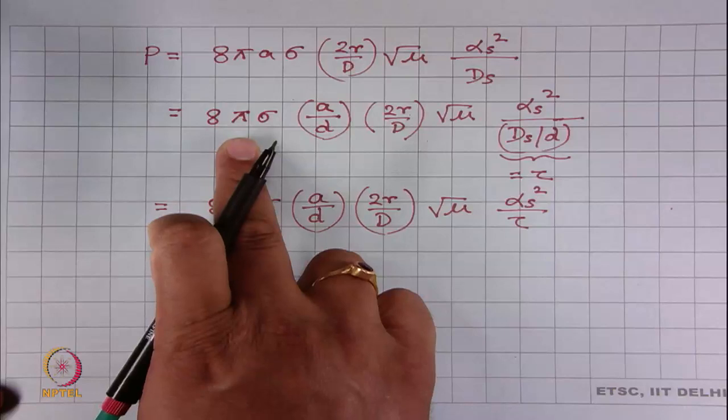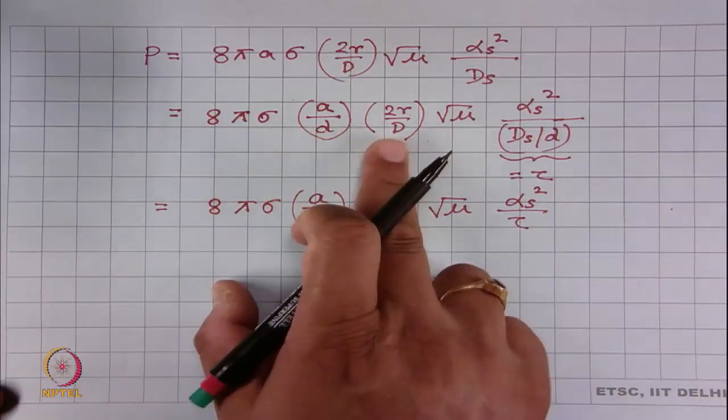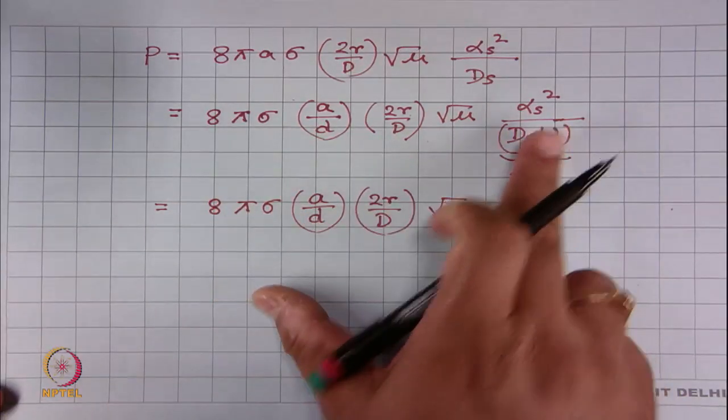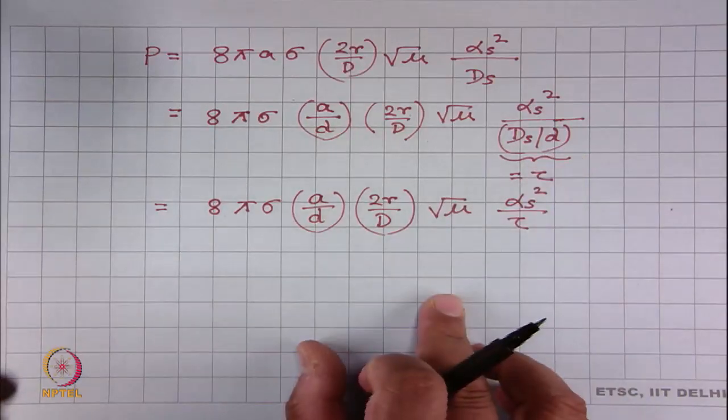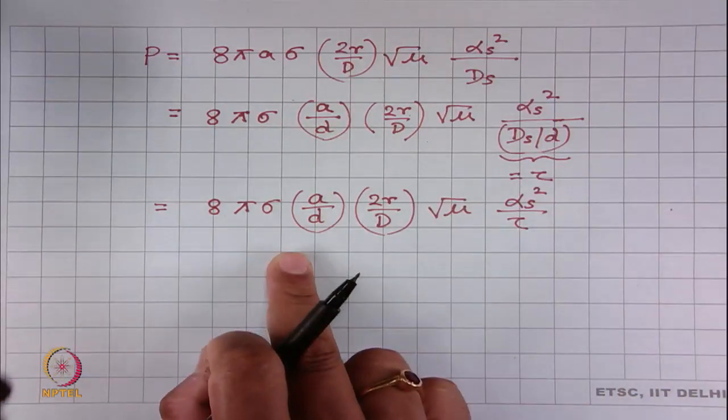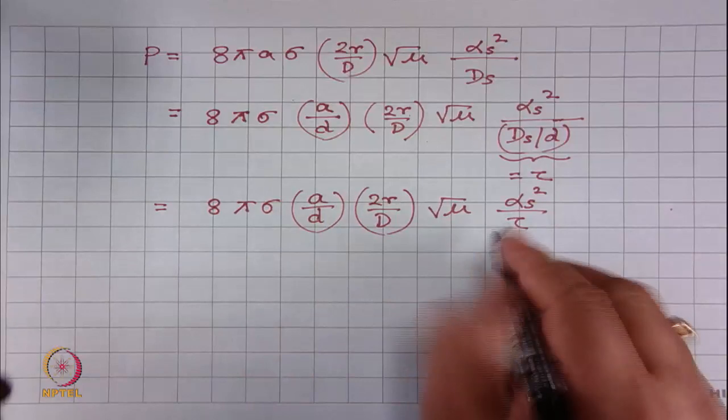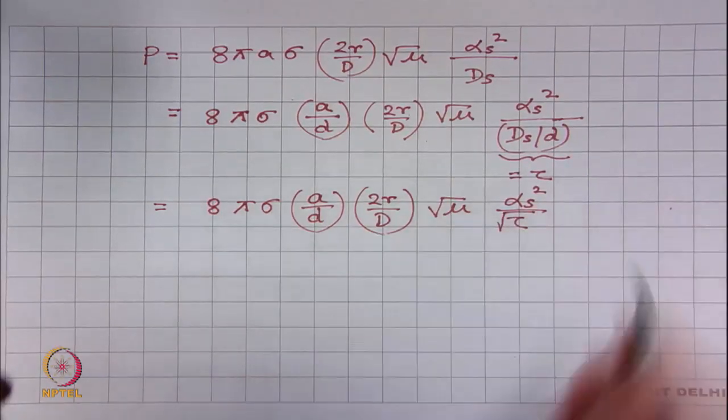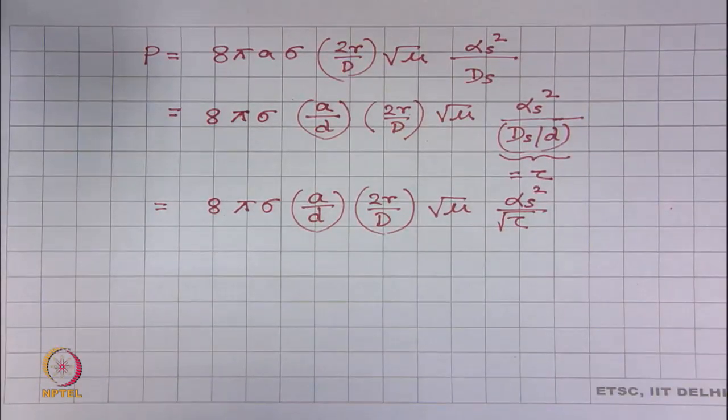Eight sigma this A by d 2 r by d root mu alpha square ds by this tau. So, we obtained over tau. Okay.